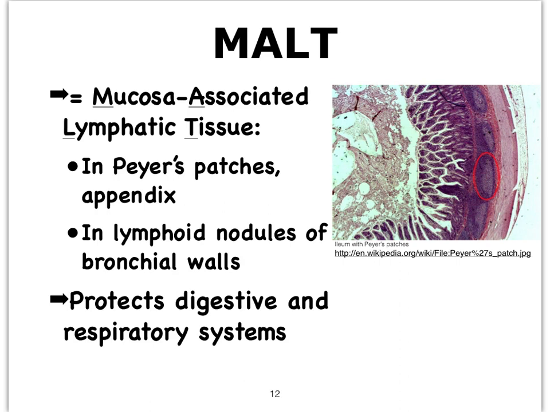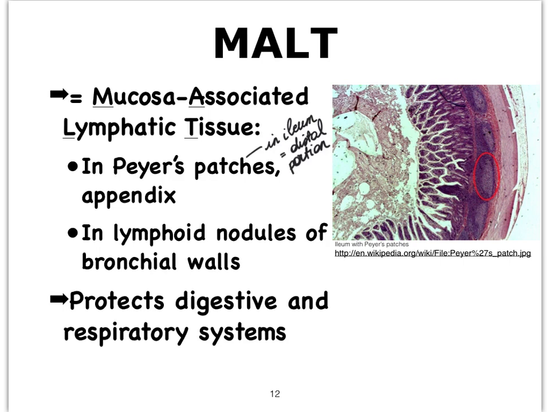But we also find MALT in what is called Peyer's patches, and these we find in a part of the small intestine referred to as the ileum, which is the distal portion of the small intestine. In other words, where the small intestine turns into the large intestine.